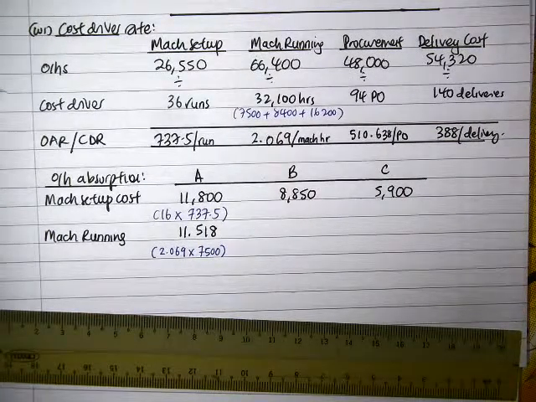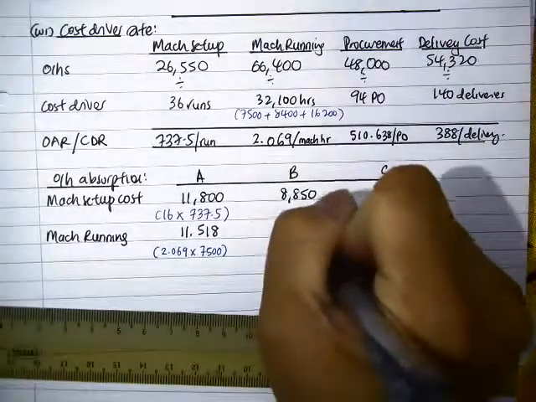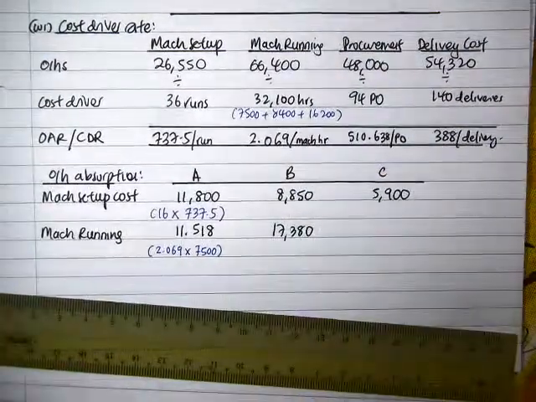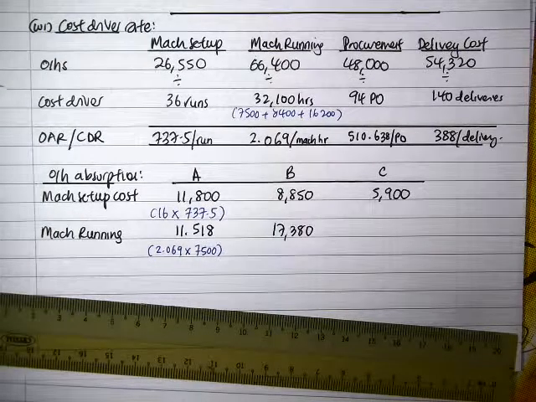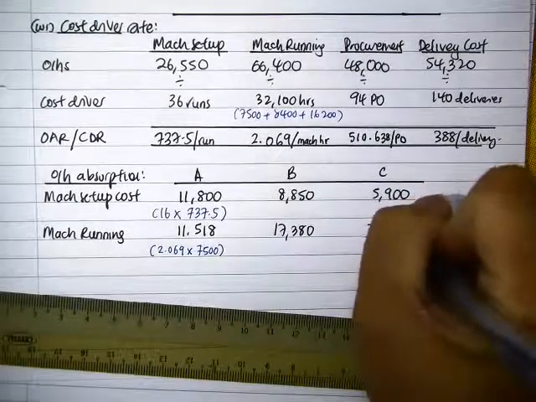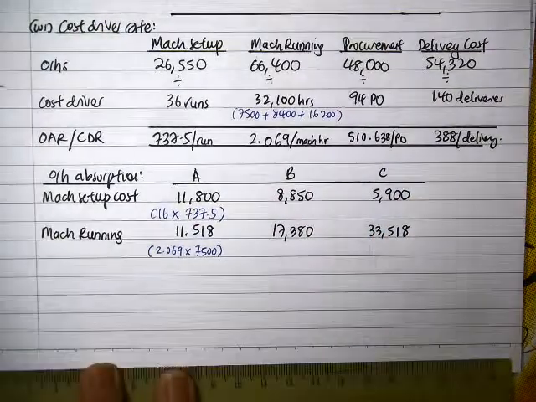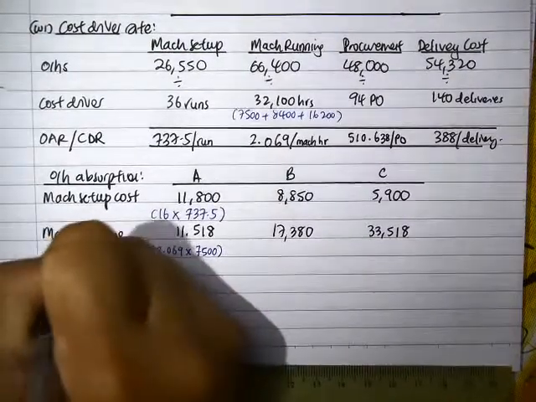Okay, now for B, 2.069 multiplied by 8,004, we have 17,380. For C, 2.069 multiplied with 16,002, we have 33,518. Okay, then we go on with procurement costs.